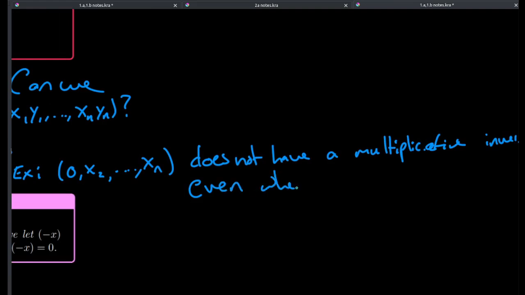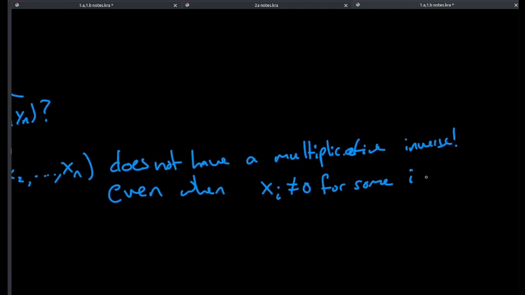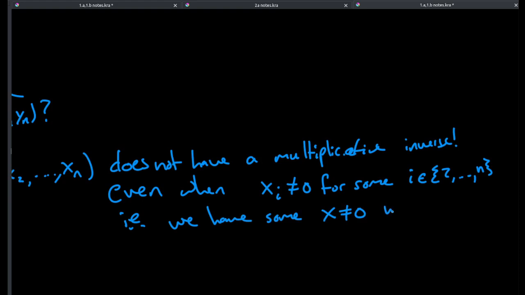So we have a nice version of a multiplicative identity, but something like this does not have a multiplicative inverse, even when xi is not equal to 0 for some i in the set 2 all the way up to n, i.e., we have some x not equal to 0 with no inverse with respect to multiplication.